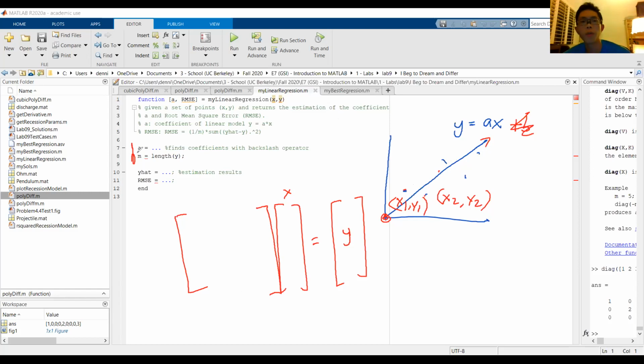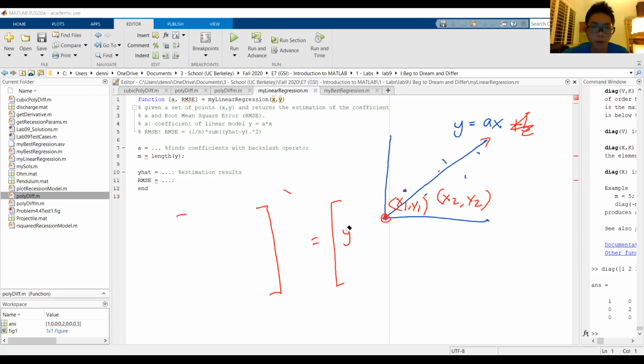So I'm not gonna spoil what exactly they're doing here unless I'll do that after the skeleton code. But here's basically what we want to do. Find the coefficients, and in this case, there's only one coefficient. That's going to be our a, and we're trying to make sure that we're minimizing a certain quantity called the root mean square error.